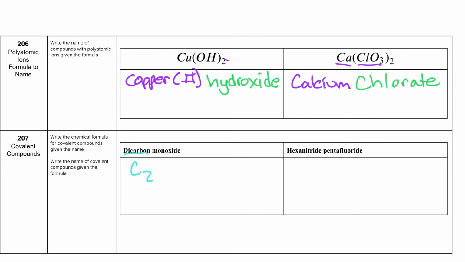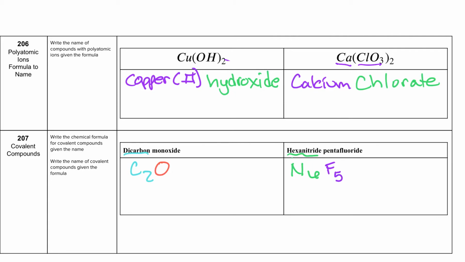And then monoxide is one oxygen. Okay, mono meaning one, so there's only one oxygen atom. This next example, we have hexanitride pentafluoride. So hexa is 6, so N6. Penta, five sides, pentafluoride, so F5.